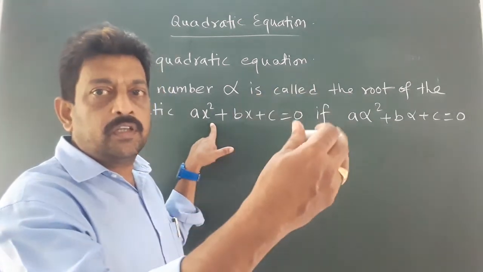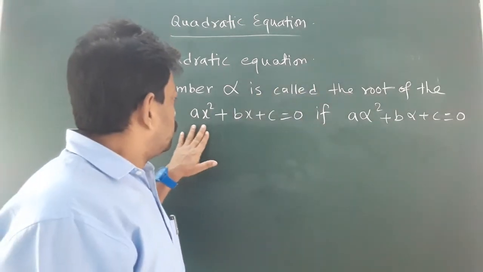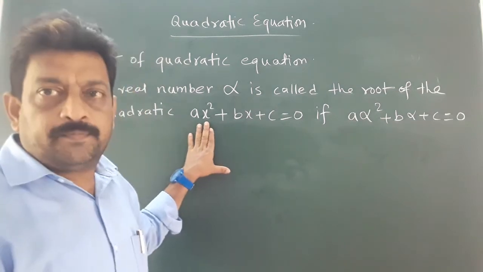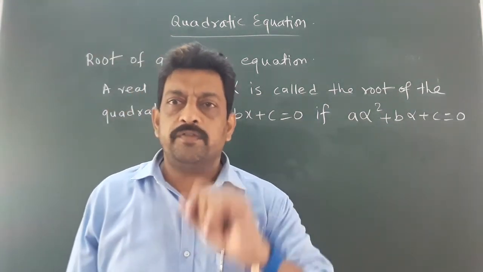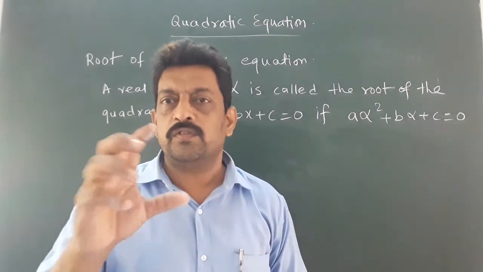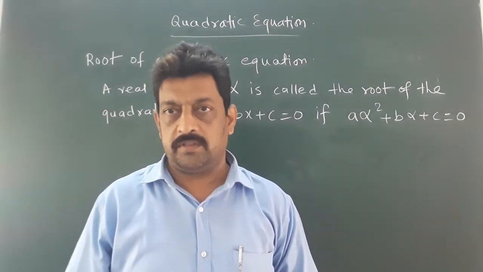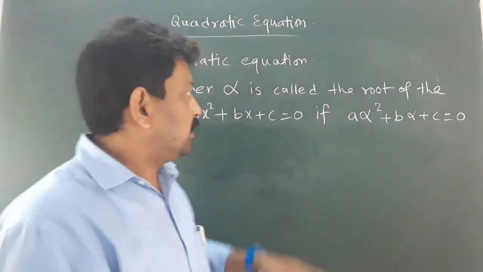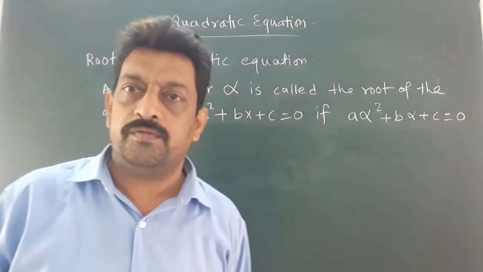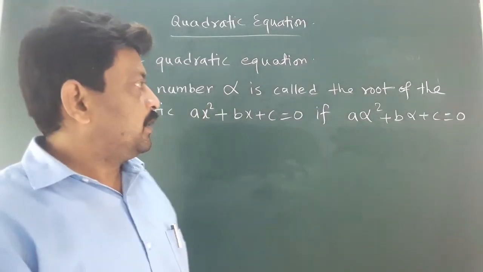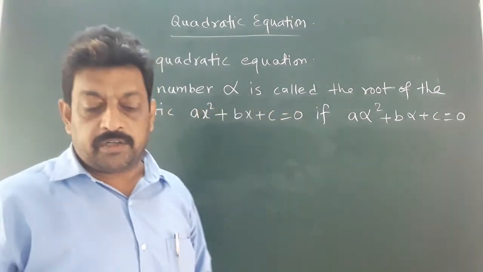That is a different thing, we will discuss it later. After solving this quadratic equation you will get two values of x. Those two values are known as the roots of the equation, if the left hand side and right hand side become equal. Understood? Okay. So this is the root of the quadratic equation.